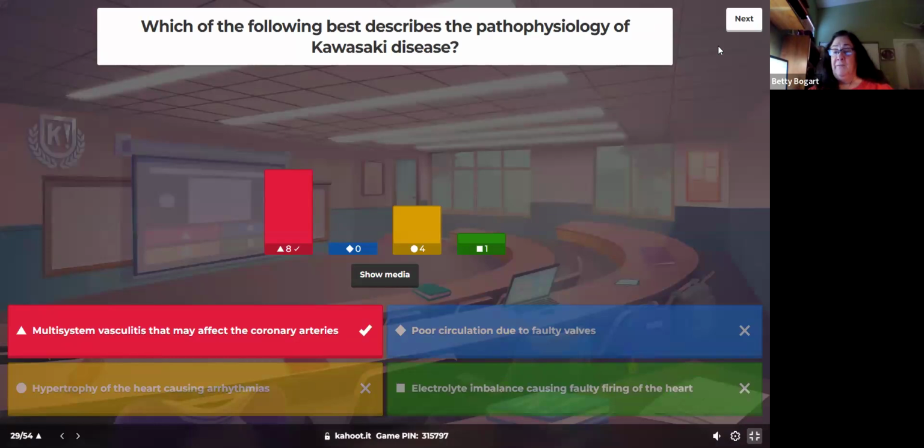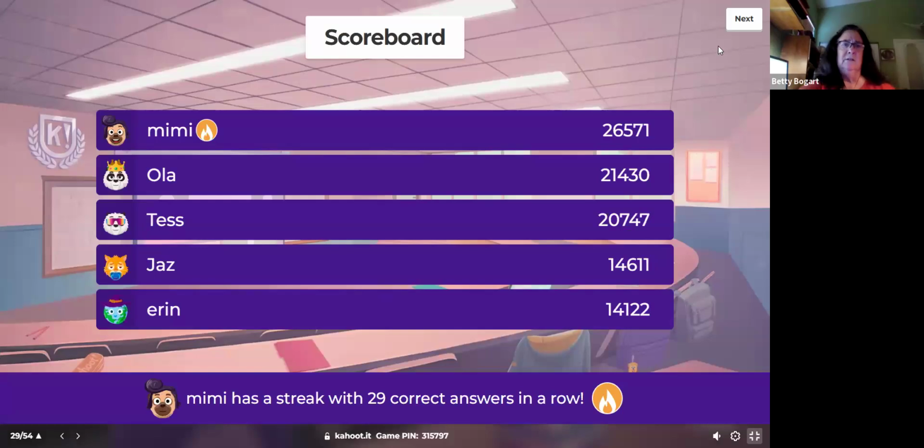Multi-system vasculitis, which may affect the coronary arteries, causing an aneurysm, which, if that bursts, would be the big deal with Kawasaki disease. I've seen many of these cases. A lot of it is the peeling on the palms of the hands and soles of the feet, which gives us the clue. They're not into the red eyes yet or the strawberry tongue yet, but you start seeing it on their hands and their feet first.